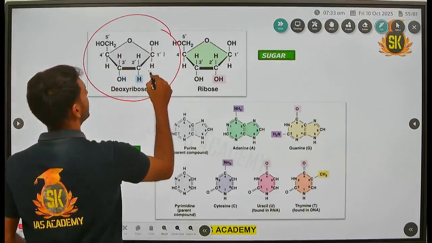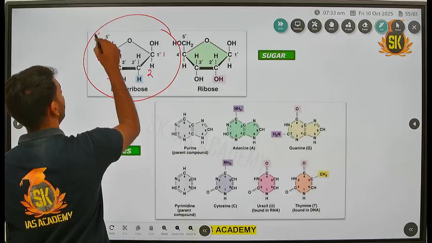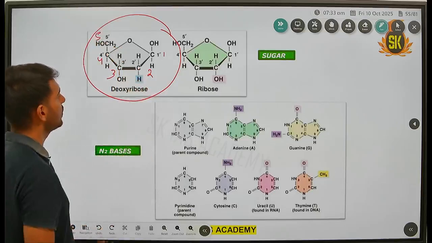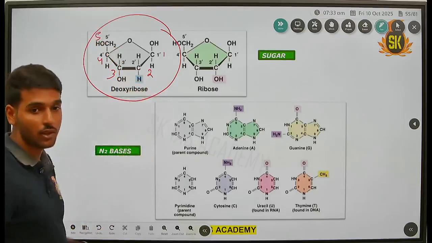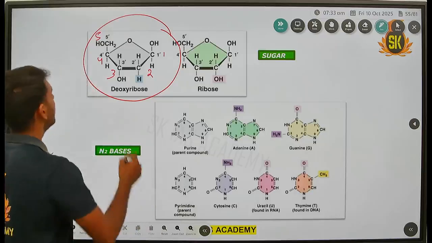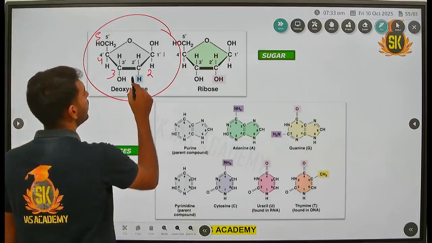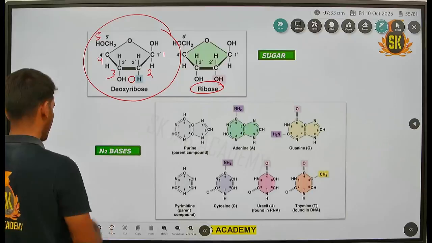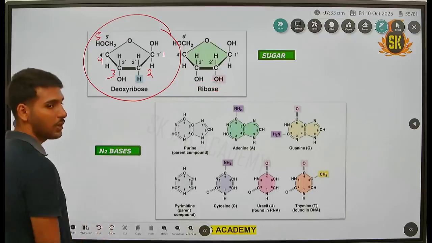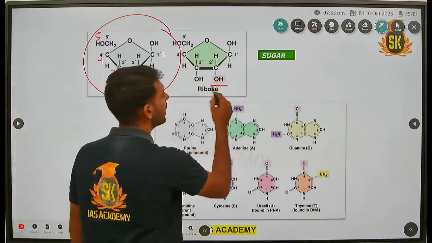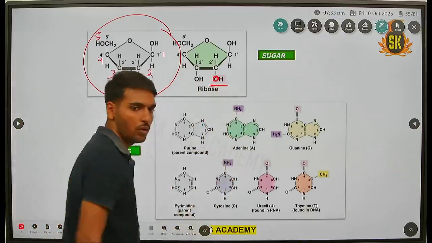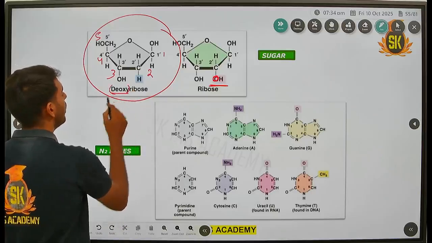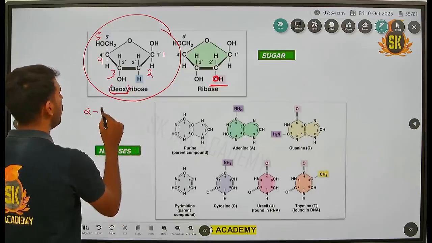This is the first carbon, second carbon, third, fourth, fifth, sorry, pentose sugar, right? It has five carbons only. The second carbon, if you see, should have an OH group in the ribose, but here it is not present. But in ribose, the second carbon has an OH. Okay, since it is lacking, it is known as deoxy.